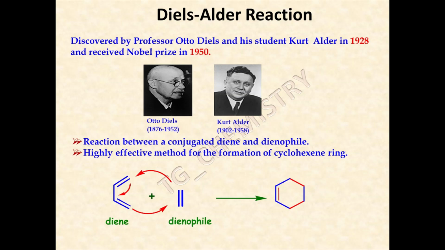Here you can see the general representation of the Diels-Alder reaction, where a diene reacts with a dienophile. Before I move further, I would like to say that we have heard about the electrophile and the nucleophile, and in those cases we can see their affection towards nucleus or electron. Phile means loving, we know that.